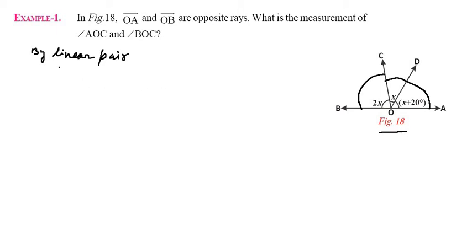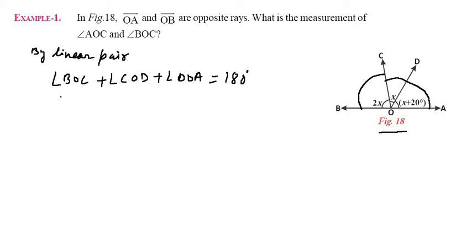So angle sum: angle BOC plus angle COD plus angle DOA, all are 180 degrees.